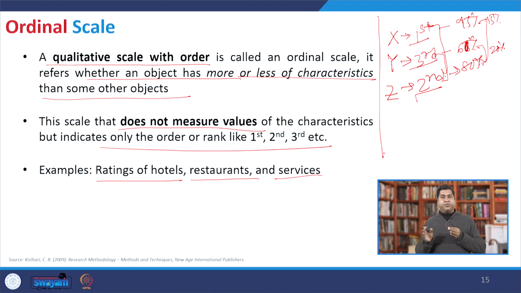With the rank alone we cannot identify the difference between the ranks, and it may not be meaningful. So for the ordinal scale we just want to measure the order, not the particular value or differences.